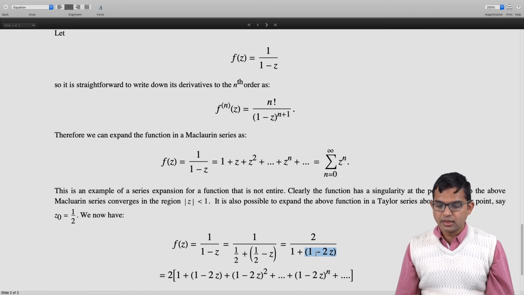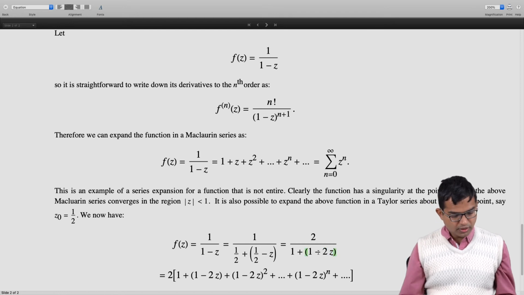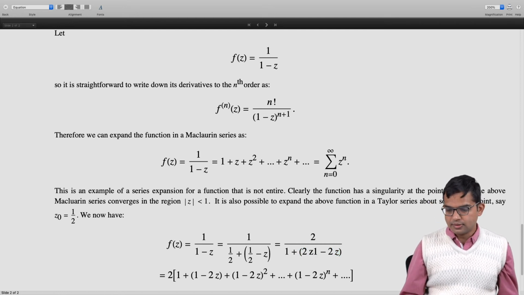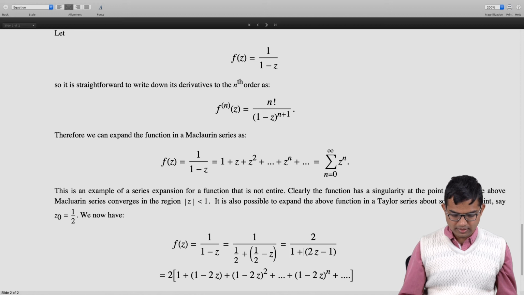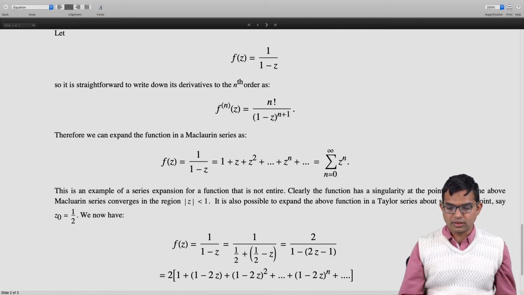If you expand it, it's more convenient to rewrite this as 2z minus 1 with an overall minus sign, so that we can immediately connect to this z here.